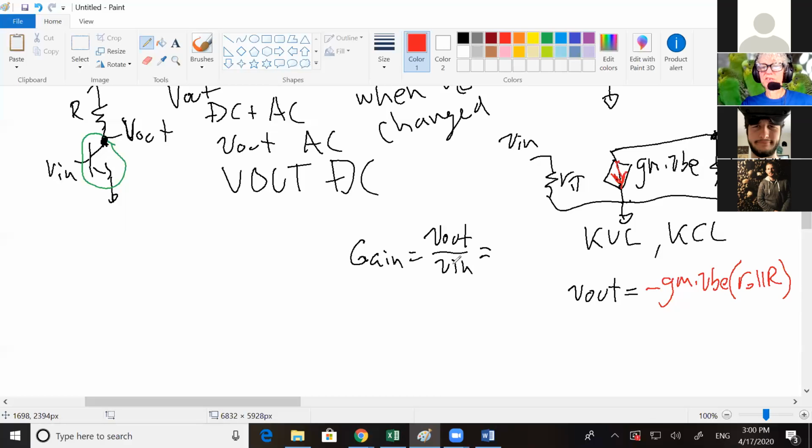But what you're trying to get to is V out over V in. So what you do is, after you get your first equation, say, oh, does it have V out in it? Yes, it does. Does it have V in it? Uh-oh, no, it doesn't. So we somehow have to get V in into this equation. Do you see any way to get V in into the equation?